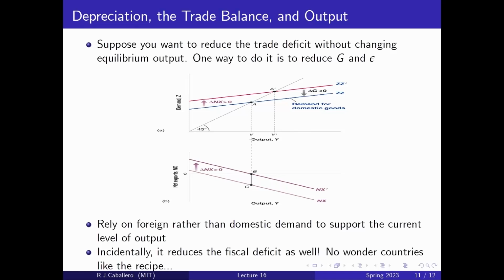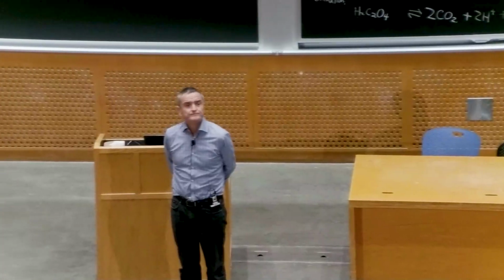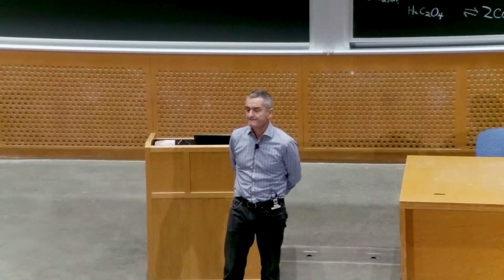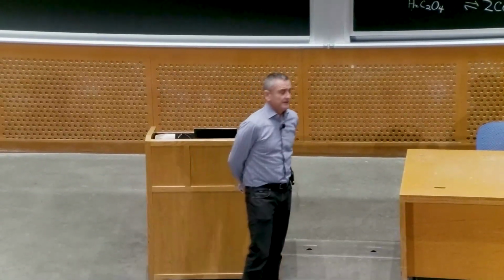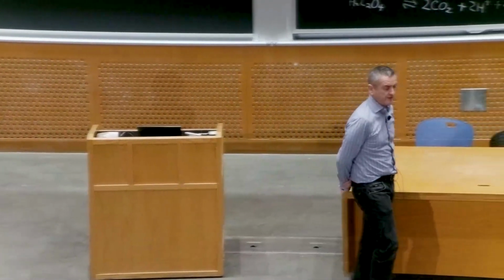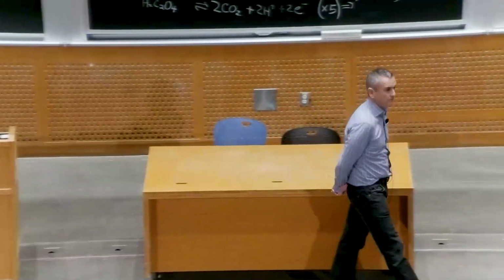Suppose that your country has a big trade deficit and you want to reduce that. And the only tool you have is the exchange rate. What would you do? So suppose you have a trade deficit, you don't like that, and you can move the exchange rate around. What would you do?